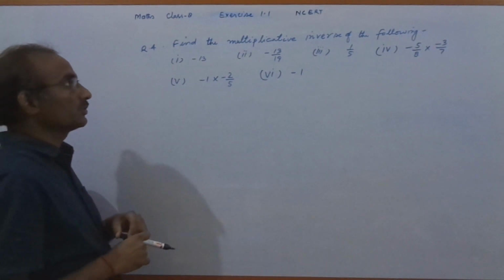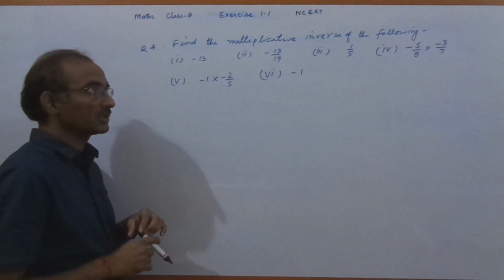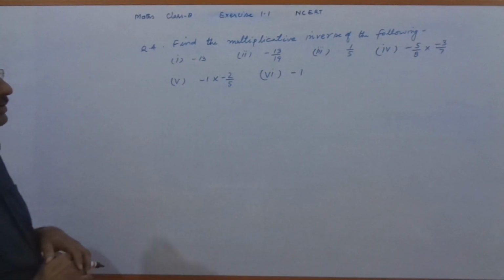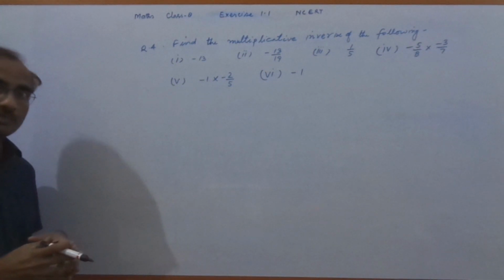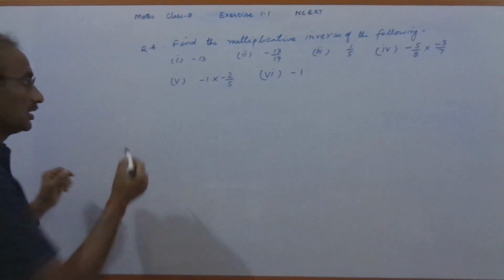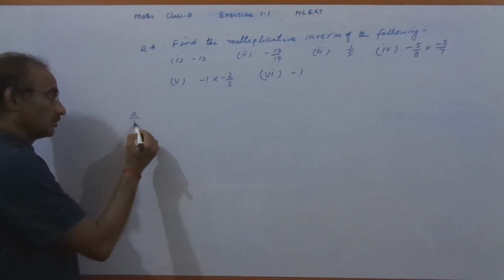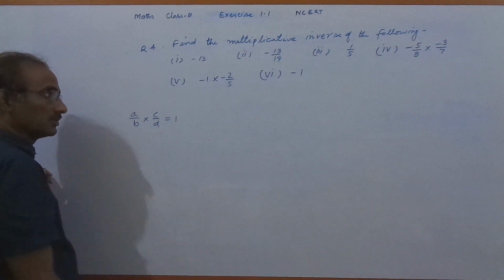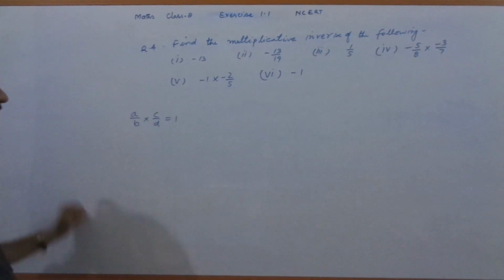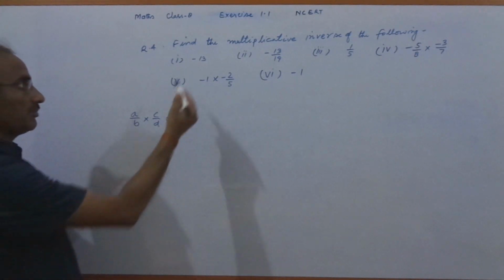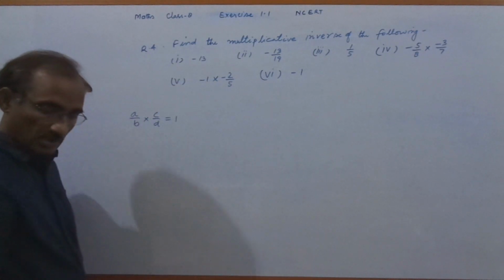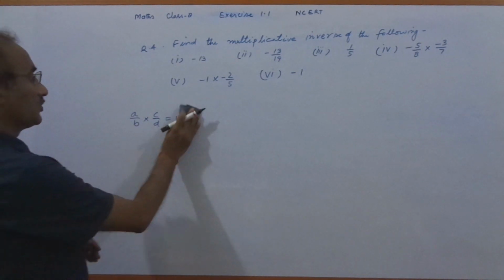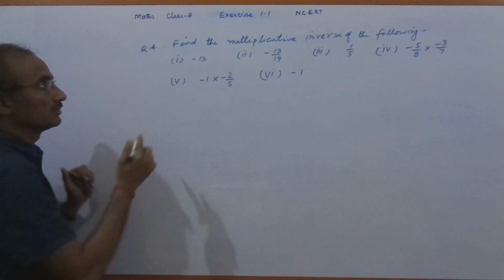Now question number 4. Find the multiplicative inverse of the following. To find the multiplicative inverse, we have a upon b and c upon b equal 1. Here we have minus 13, so its reciprocal will be minus 1 upon 13.